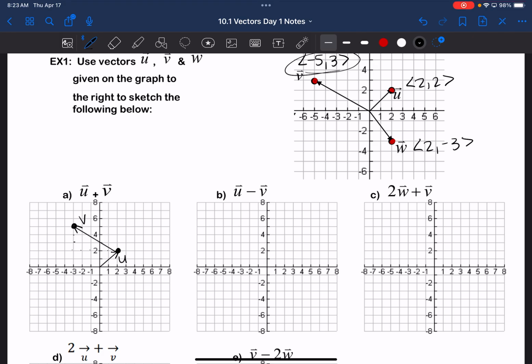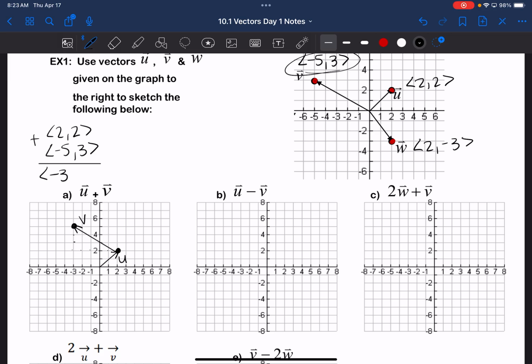You also can find this by literally adding the vectors. So we know that vector u is the vector 2, 2, right? And we know that vector v is the vector -5, 3. I could just simply add these two vectors together. I'd add the ones that are kind of like my x components. So 2 plus -5 would give us what? Right?